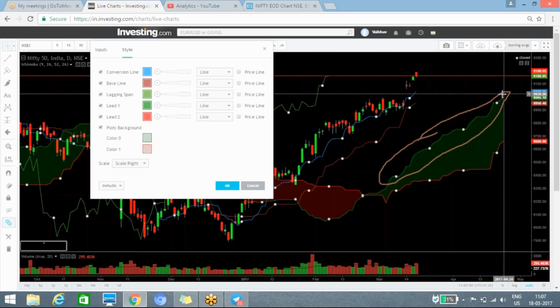And the red line is the Senkou span B, the same as we called A. And what is the calculation? The span A calculation was the average of two lines, but here it is the 52 period high and 52 period low.